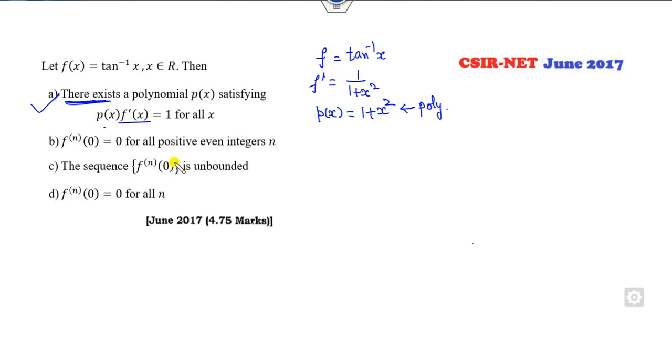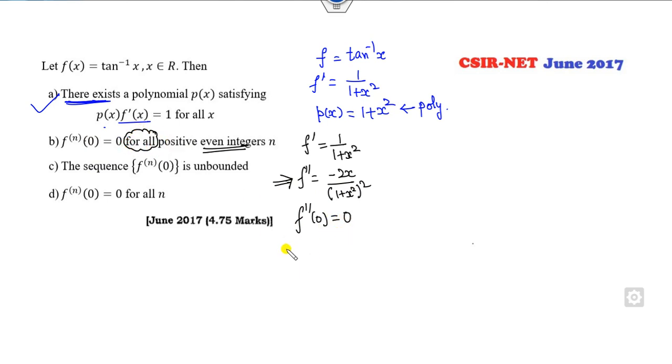The second option: the nth derivative of this function at 0 is 0. First, you can find the first derivative, f dash, which is 1 over 1 plus x square. The second derivative is minus 2x over (1 plus x square) whole square. When n is even, at the point 0 it will be 0. But he said for all n, so we need to check the fourth derivative, the sixth derivative, and so on. The easiest way is to expand the series.